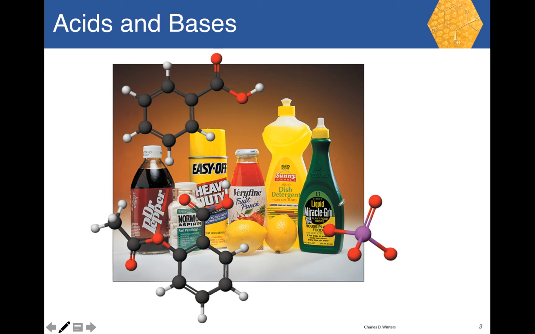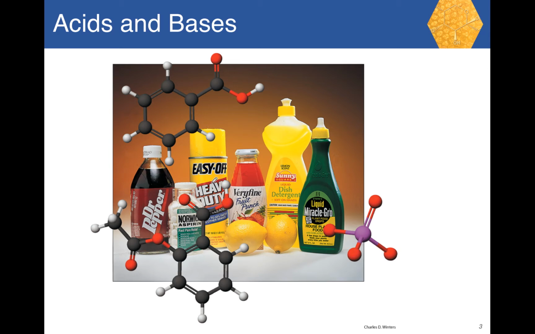We're very familiar with acids and bases. We just have to look around our environment, such as the kitchen. We can see vinegar and dishwashing liquid and different types of reagents around, and we often describe them as acids or bases.